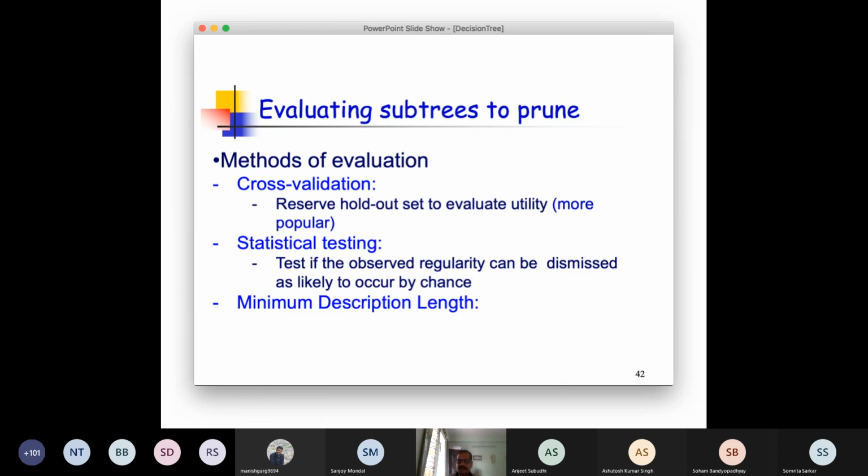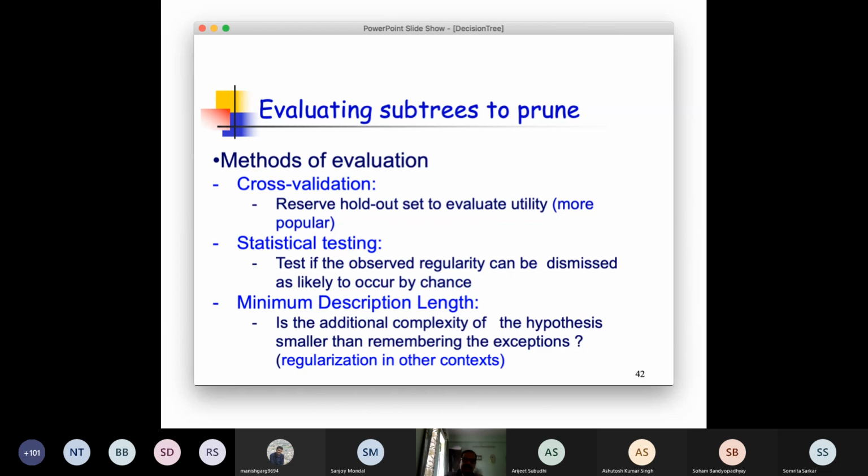Hypothesis testing has certain probability distributions in mind, and if you can show that with respect to that distribution, the occurrence of your hypothesis, in the hypothesis space itself, is not random, that it is basically an outlier of that random distribution, then you consider it significant. So that is a strategy.